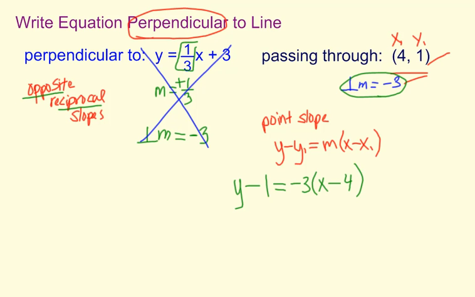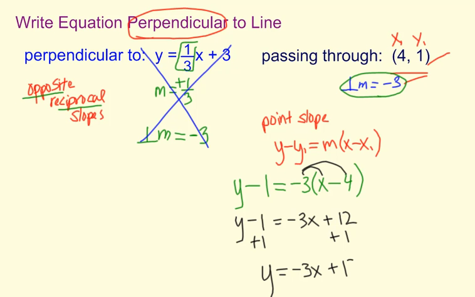And we'll go ahead and put this into slope-intercept form, solving for y. So that means we're going to distribute this -3, and that leaves us with y minus 1 equals -3x plus 12. And then add 1 to both sides, and we have y equals -3x plus 13.